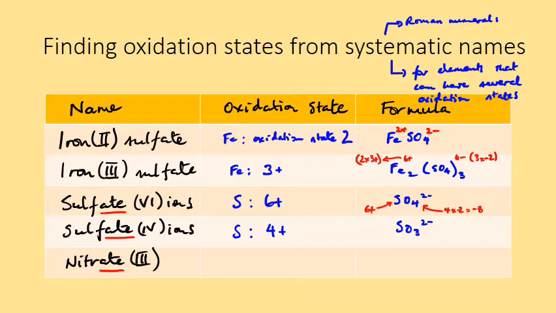So we can just work that out in the same way. So oxygen is going to be -2, but we've only got 3 of them this time. So it's going to be 3 times -2. So that's -6. We've got an overall charge of 2-, so we only need 4+ to be accounted for by the sulfur.